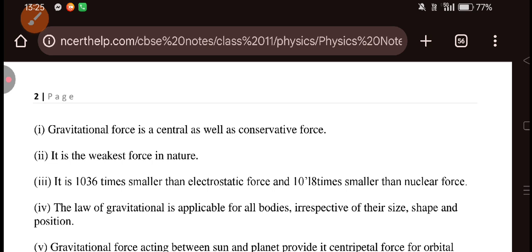Second, it is the weakest force in nature. In real life we can see there are a lot of objects, but they are not attracting with too much force. Still both are attracting, but with a very small amount of force.